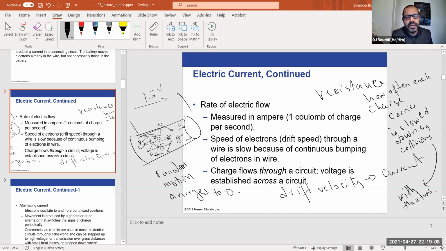Because atoms don't move. That's basically, in a nutshell, how electricity happens in matter. Does this make sense, the picture?